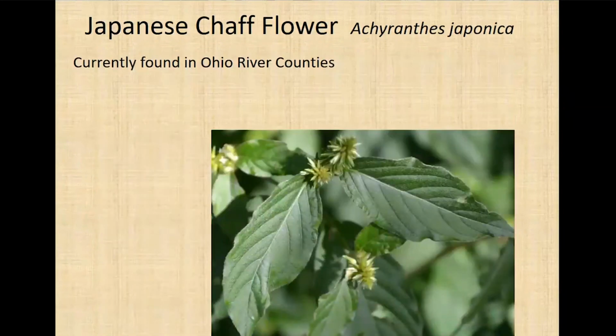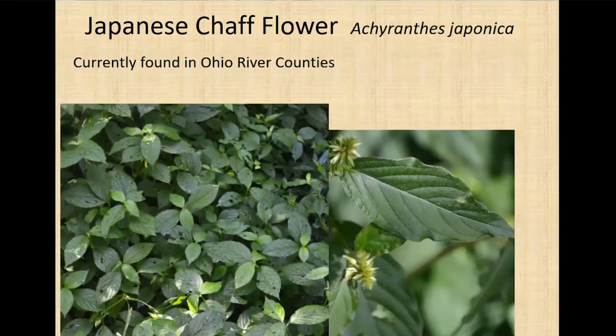An emerging invasive plant here in Indiana is Japanese chaff flower. This is currently found mostly on the Ohio River Valley border counties, but has potential to start moving around partly because the seed that we see here is somewhat like a burr or stick tight and will cling to fur, and so animals can transport this pretty readily.